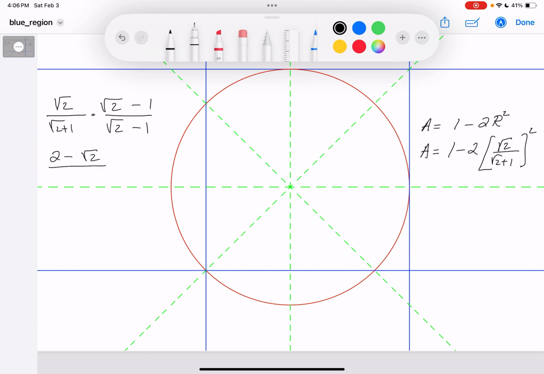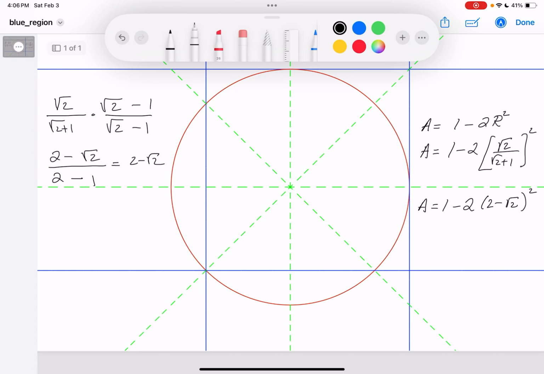And on the bottom, you would get 2 minus 1. So that's going to be 2 minus root 2. Let me write that down. So A will equal 1 minus 2, and we just simplified this thing, and this is going to be 2 minus root 2, squared now.